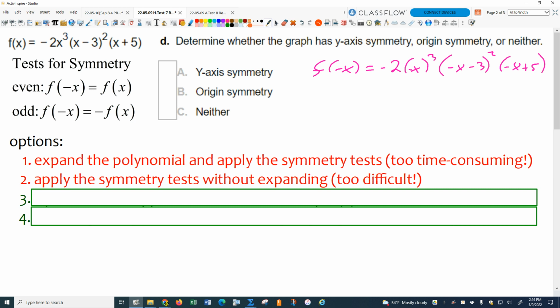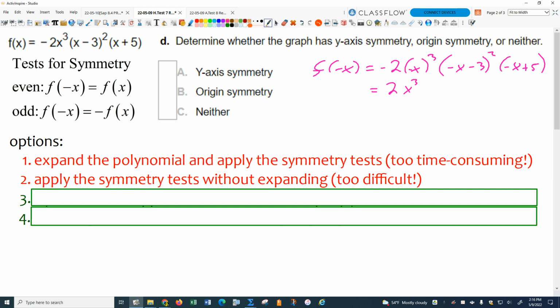Negative x cubed becomes a negative x cubed, which turns that into a positive 2x cubed. Negative x minus 3 quantity squared is the same as negative 1 squared times x plus 3 squared.